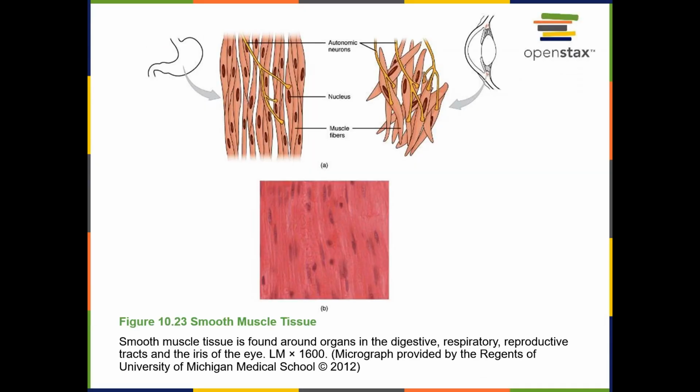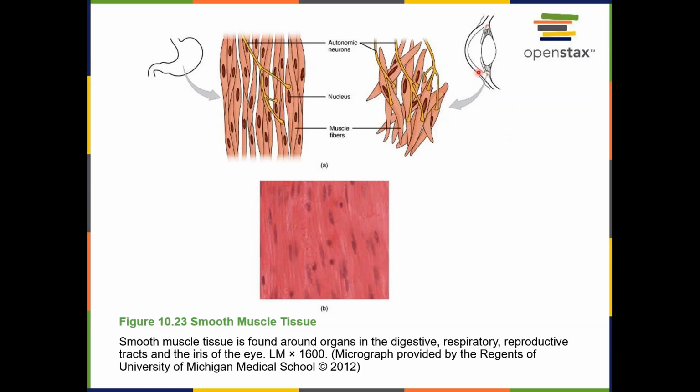Smooth muscle fibers have a spindle shape with one nucleus within each smooth muscle fiber. Smooth muscle is found in the walls of the stomach and other hollow organs. Smooth muscle is also found within the eye. So you can see here, the ciliary body of the eye allows us to change the shape of the lens.